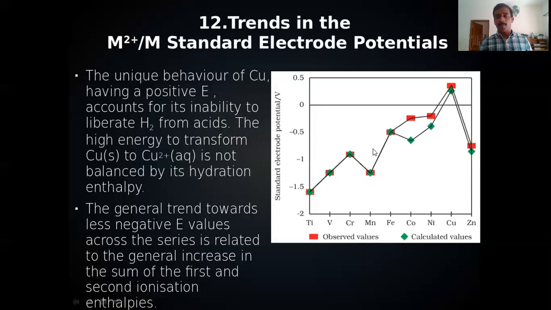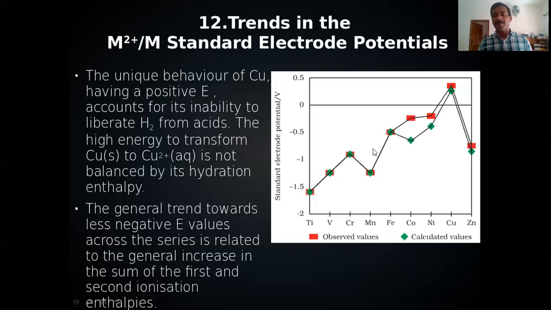When the Cu2+ ion forms bonds with water molecules, that process is known as hydration. Many water molecules will surround a positive ion. Energy will be liberated, that is known as hydration enthalpy. So when we compare the energy required for the formation of Cu2+, the hydration enthalpy is less.